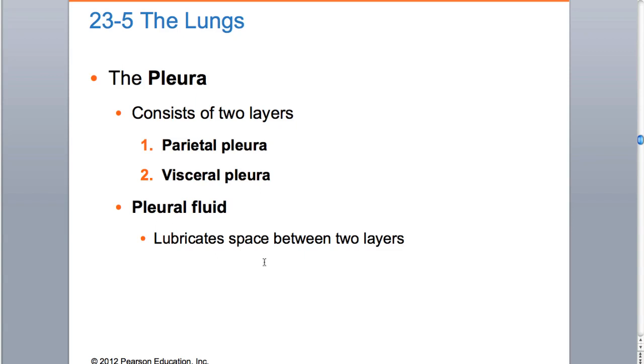Now, unlike in the heart, where that pericardial fluid and that pericardial sac played a role, and if you had an infection, you had pericarditis, that's fine. But in the lungs, it's very important because it plays a role in the pressure gradient for air to come in and out of the lungs. So here it's going to be important in terms of playing that role. Next slide.